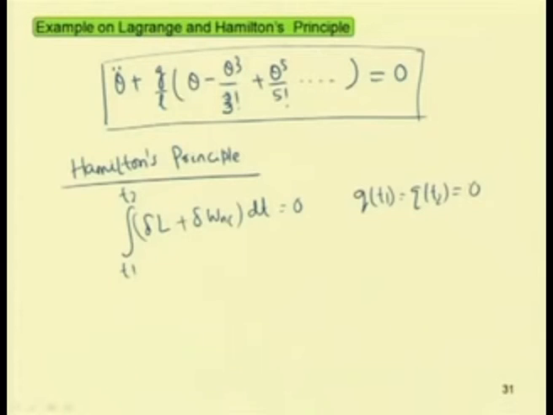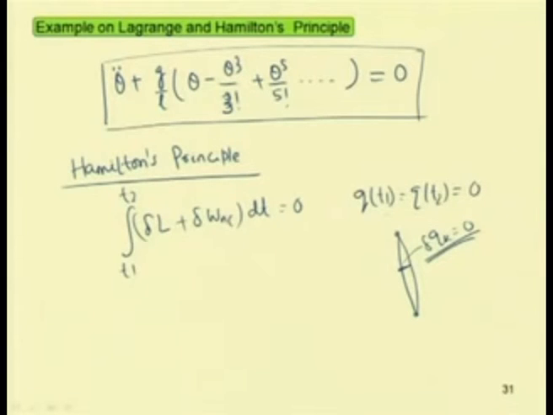So, here T1 and T2 are the times where the true path becomes equal to the varied path. So, at this position delta qk, that is the variation in the displacement or variation in the generalized coordinates, becomes 0.